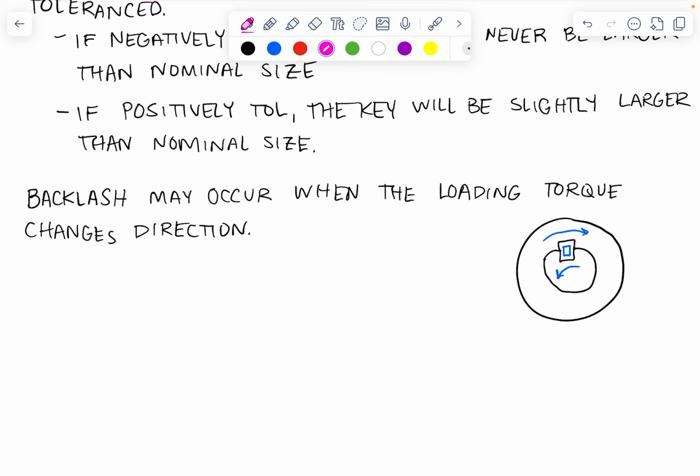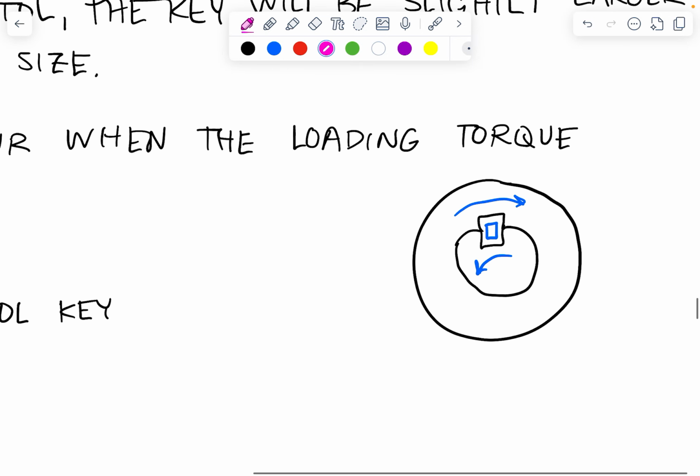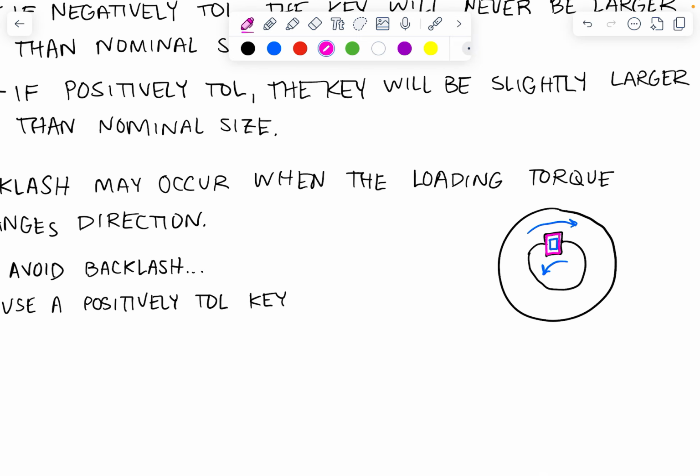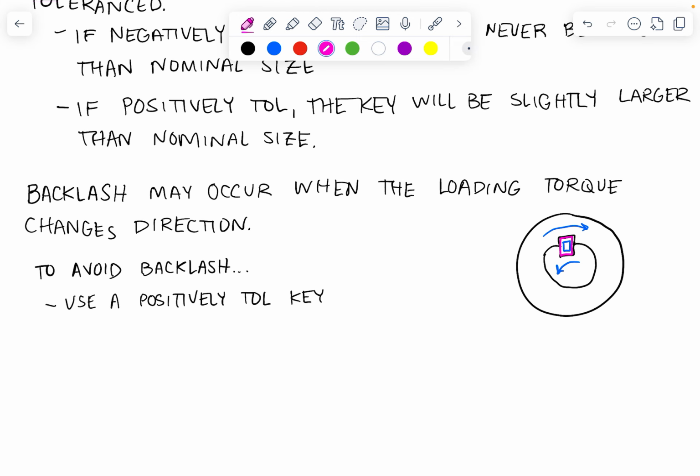Okay, so some ways to avoid backlash. We can use a positively toleranced key. And keep in mind that if you use a positively toleranced key, yes, that is going to fit better into your key seat and your keyway. It doesn't necessarily mean that you're going to have no backlash, okay?